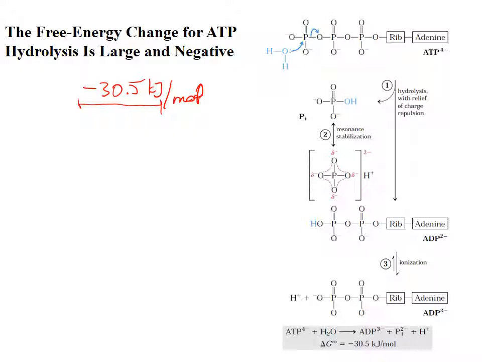And in addition, the actual molecule of ATP is magnesium ATP 2 minus. There is actually a magnesium sitting right here, interacting with these two oxygens, stabilizing it.